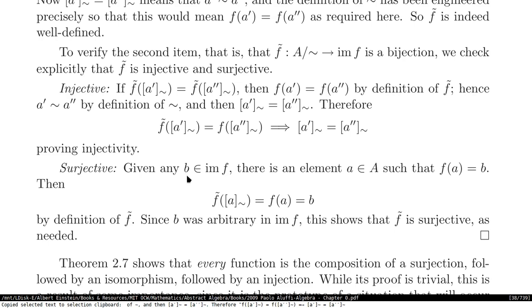This is from the definition of f tilde. But as we picked any random B in the image, it shows that we can do this for any other element in the image, and thus it's surjective.